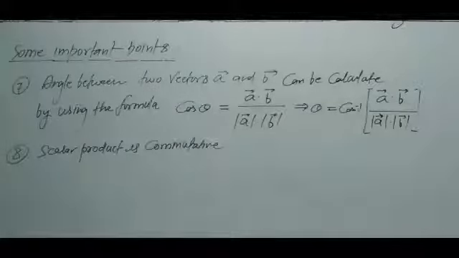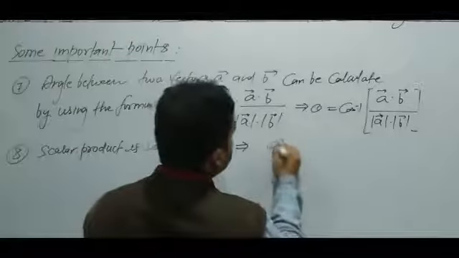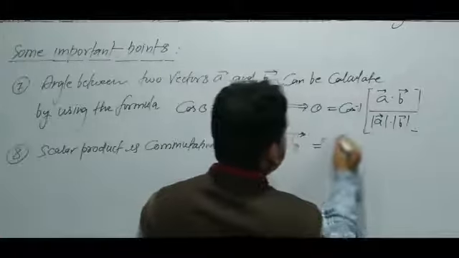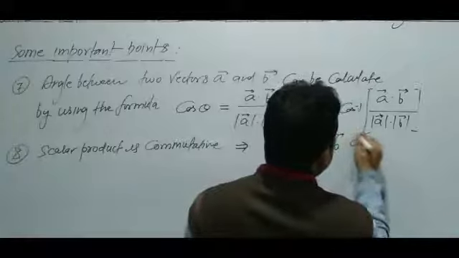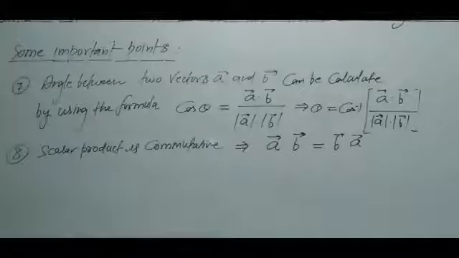So scalar product is commutative means vector A dot vector B is equal to vector B dot vector A. Both have the same result, so both will be the same. The angle between two vectors will be the same.